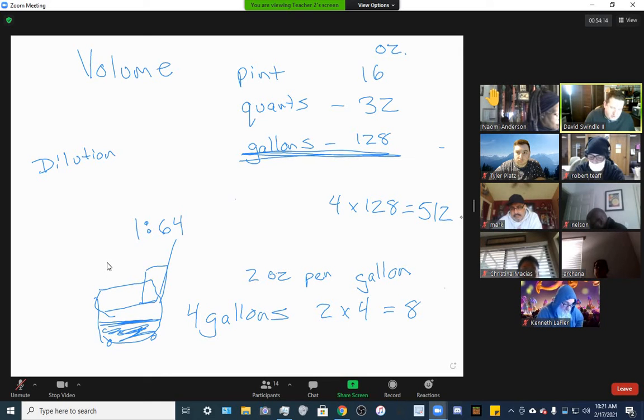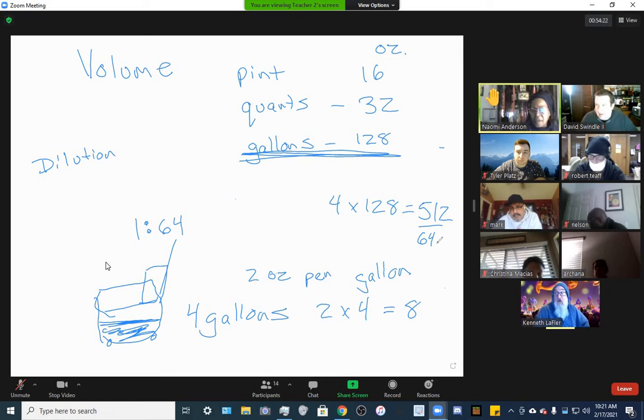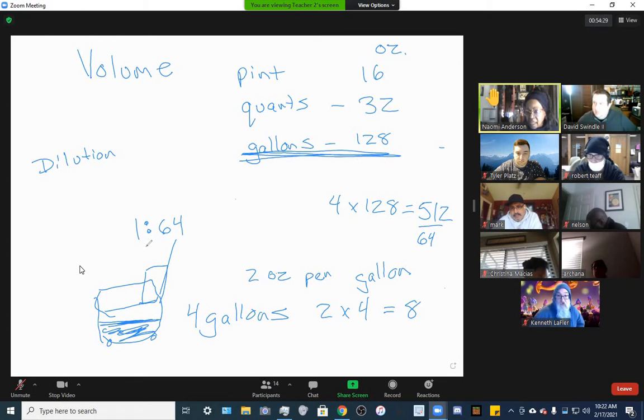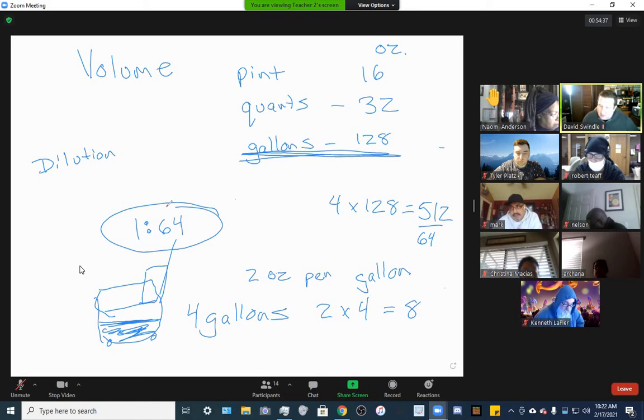Use your calculator again and divide that by 64. It's a 1 to 64 dilution. Yep. Because remember, the chemical company just told you it's a 1 to 64.